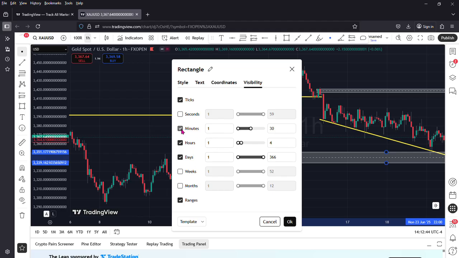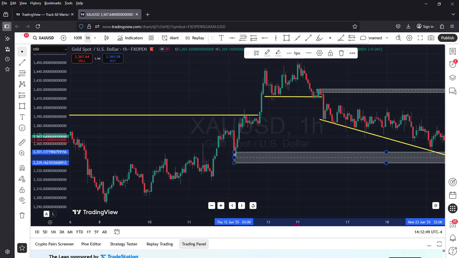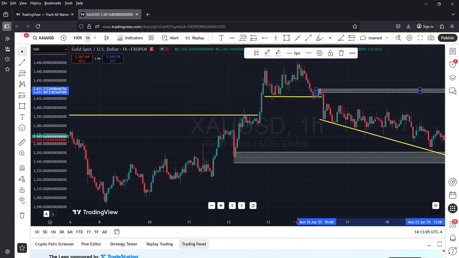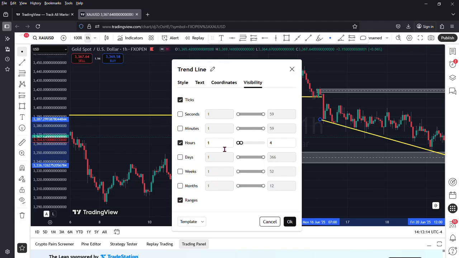Let us make it visible and make this zone also visible. Yeah, we are making this zone visible also, and this area also, I'm making it visible.